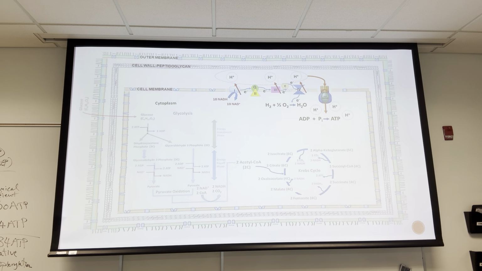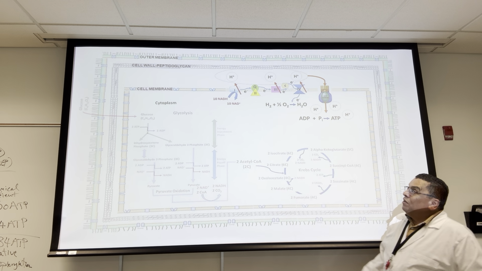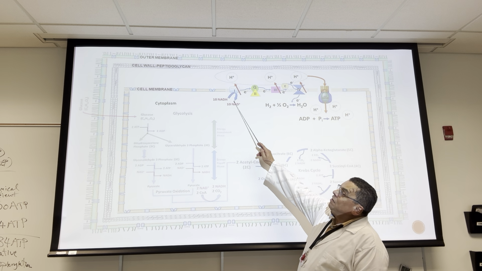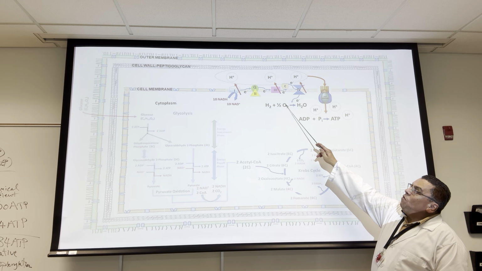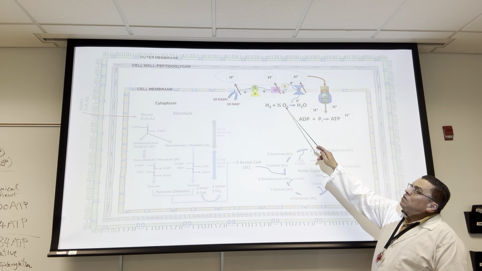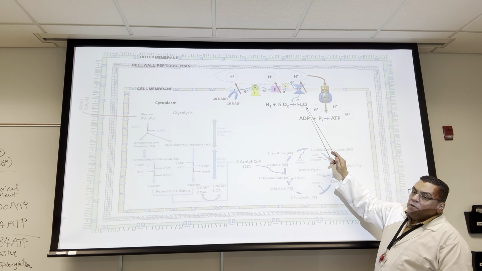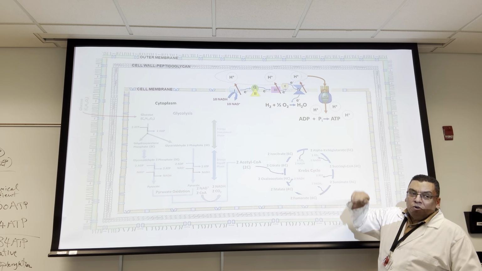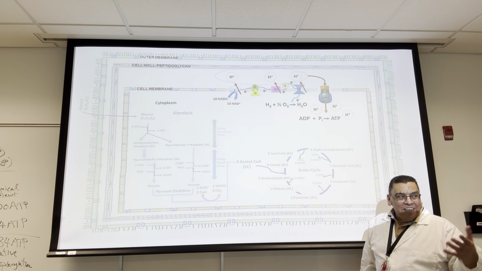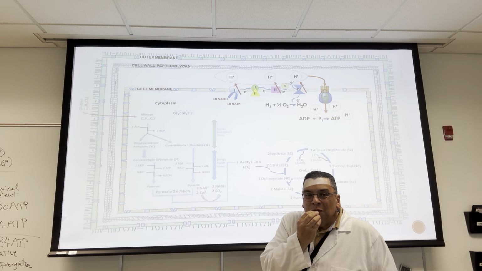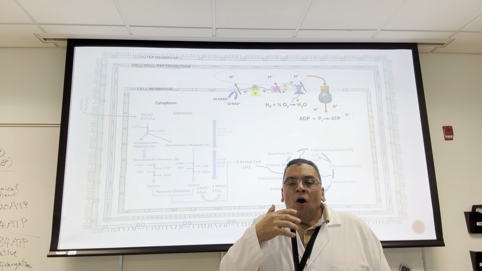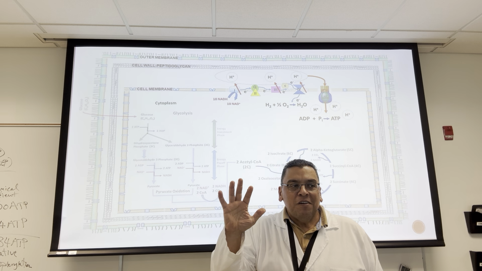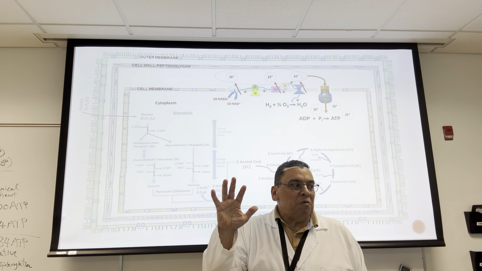By the way, the same thing happens to the electrons given off by NADH. They will also end up in oxygen, and oxygen will become water. So the amazing thing is this. The glucose that you eat, you literally do this to it. You release it as CO2.